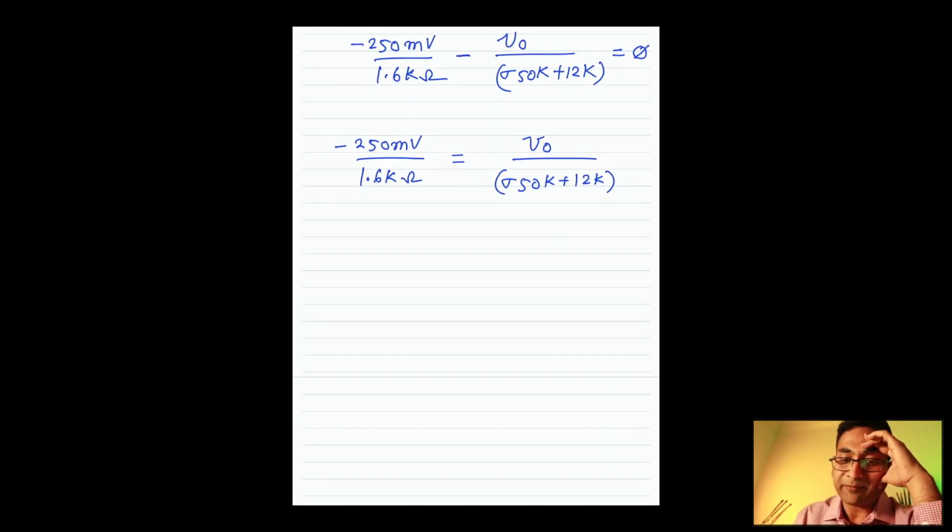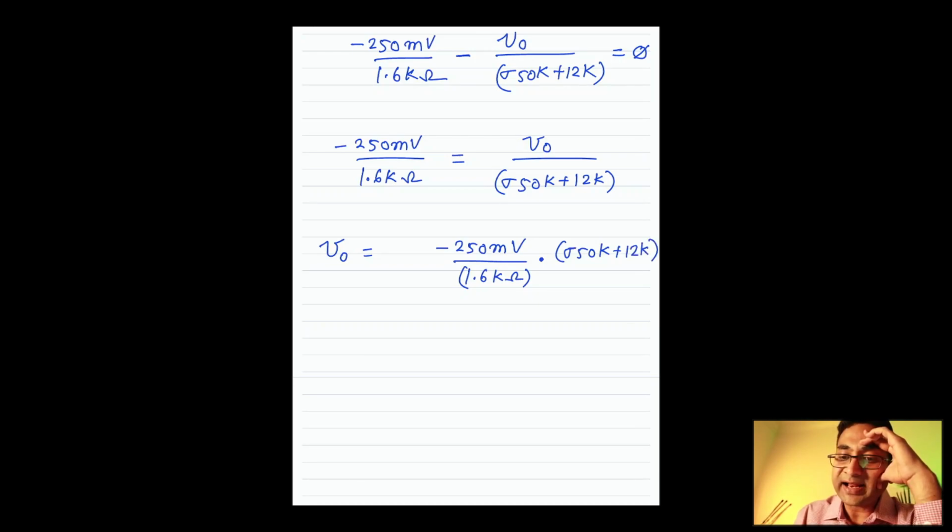You see, V output is negative 250 millivolts divided by 1.6 kilo ohms, multiplied by sigma 50K plus 12K.